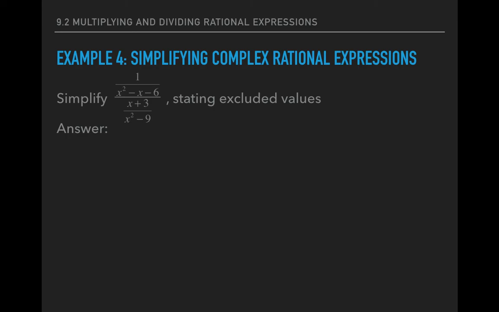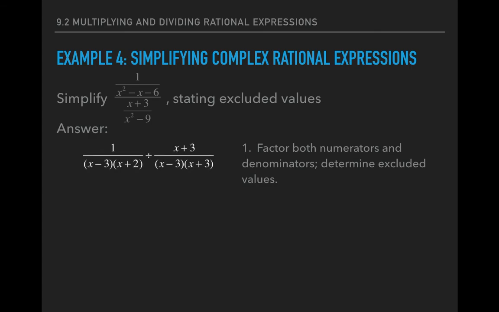This looks crazy. There are so many layers. Well, in your notes I've put parentheses around what is truly your numerator and what is truly your denominator. And then you can write this just as division, because you're dividing a rational expression by another rational expression.